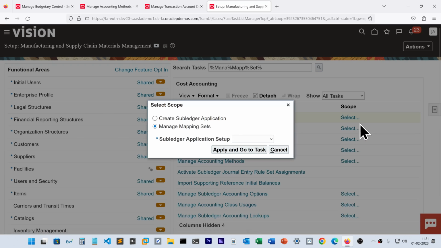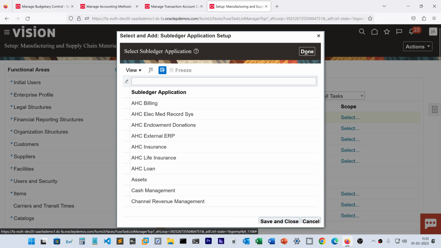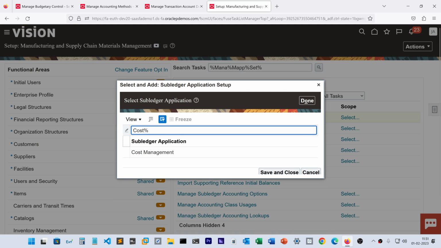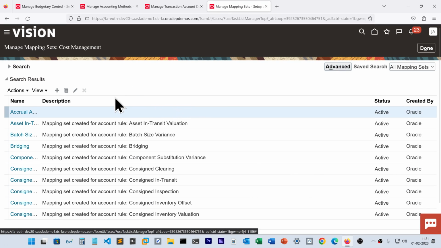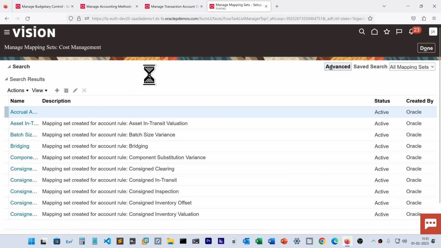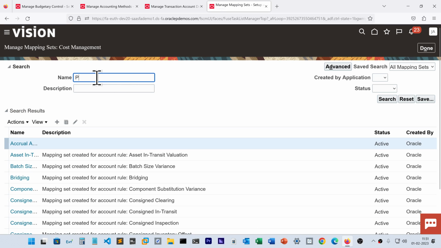Manage mapping sets. We will have to select the scope, and we should choose cost management, and search for purchase price variance or anything else.